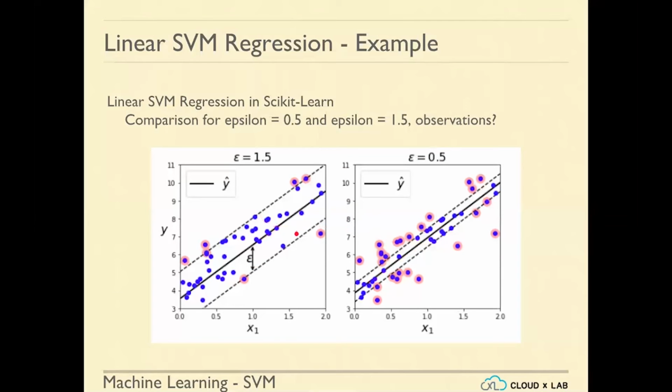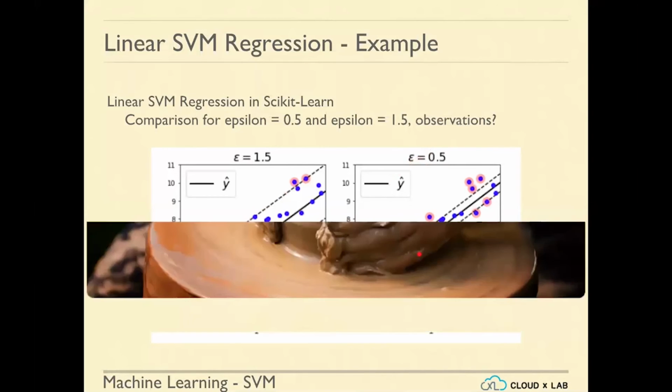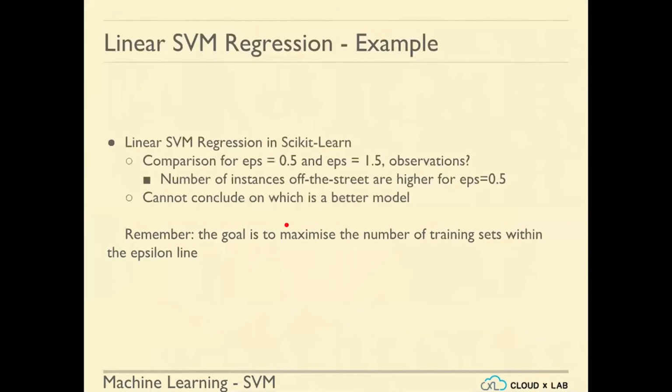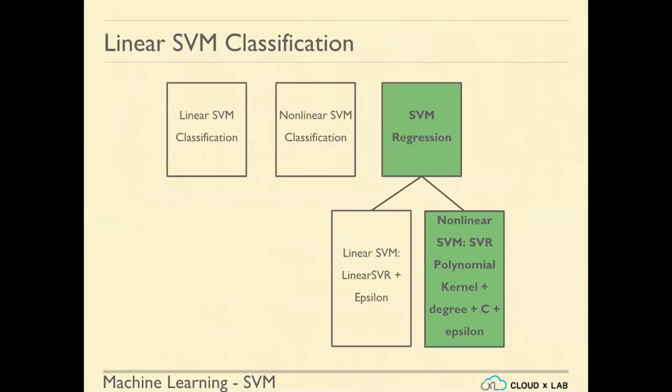Just that when epsilon is more, the number of instances fitting in is more, and when epsilon is less, the number of instances is going to be less. But we cannot conclude which one is better. The goal is to maximize the number of instances within the epsilon line. So we can just tweak epsilon, try all kinds of values, and see which one does well, and that's the story of the entire machine learning, right?